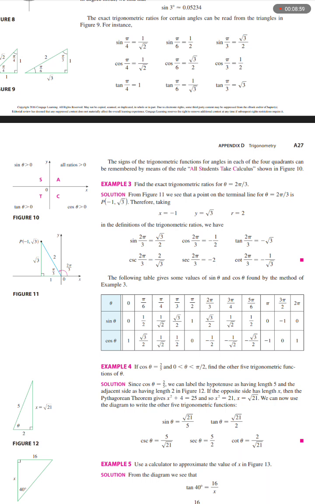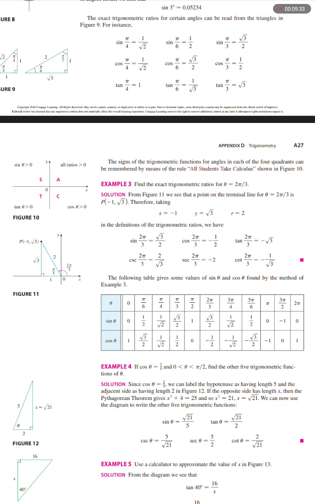Top left, S, sine of theta is greater than 0. Bottom left quadrant, T, where tan of theta is greater than 0. And the bottom right quadrant is C, where cosine theta is greater than 0. Back to the text.